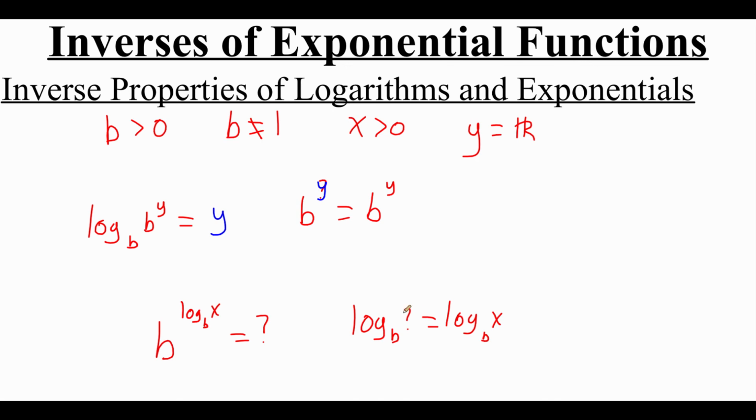Well, in order for these two logarithms to be equal to each other, then this value that we're evaluating needs to be the same. So this unknown value would need to be x. So b to the power of log base b of x is going to equal x. And again, it's because exponentials and logarithms are inverses of each other. So having this b exponential along with this log base b, they're canceling each other out and just leaving us with this x value as the answer.